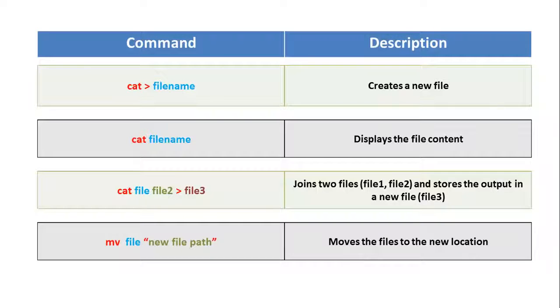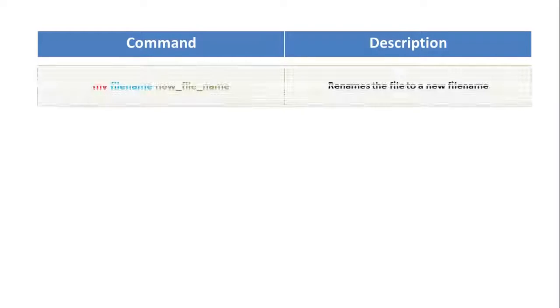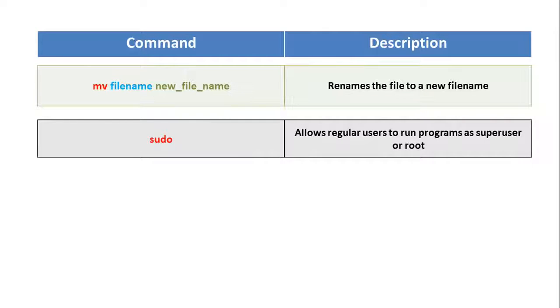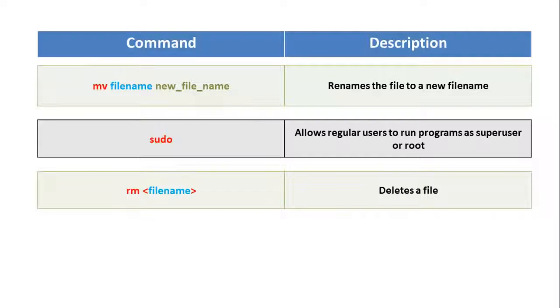mv file new file path would move a file to its new location. The next is the mv file name new file name command, which would rename the file to a new file name. Sudo is an important command, and it allows regular users to run programs with the security privileges of the superuser or root. The rm command deletes a file.